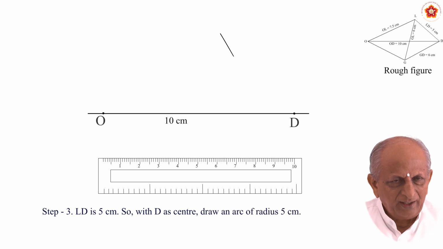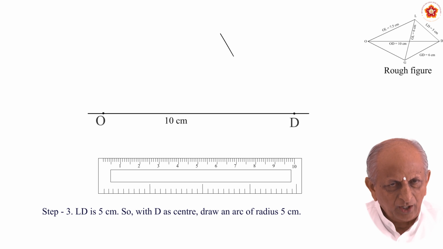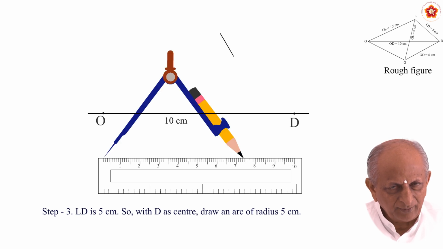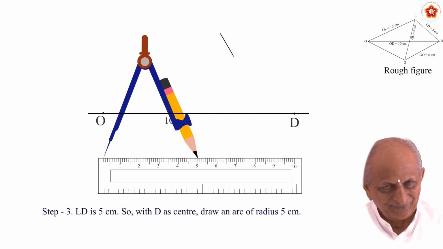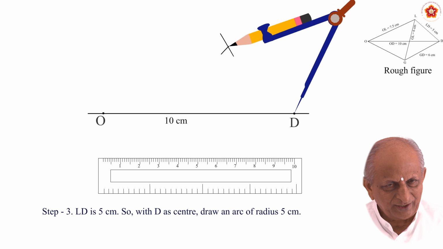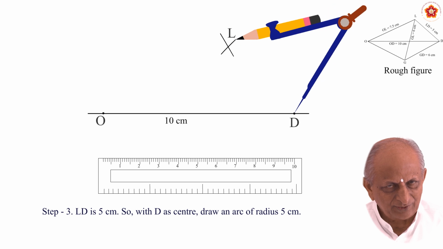Correct? And next step is LD is 5 centimeters given. So with D as center, draw an arc of 5 centimeters. Where is D? D is on the right side. So for that, you have to take a radius of 5 centimeters. With D as center, draw another arc.